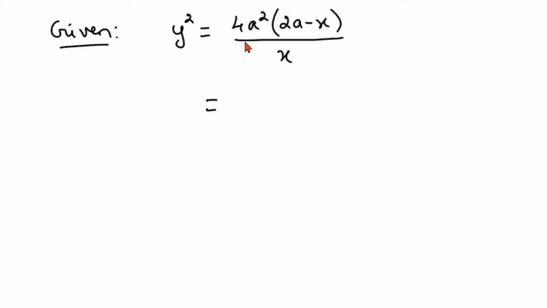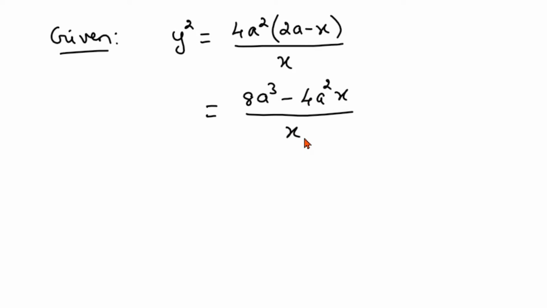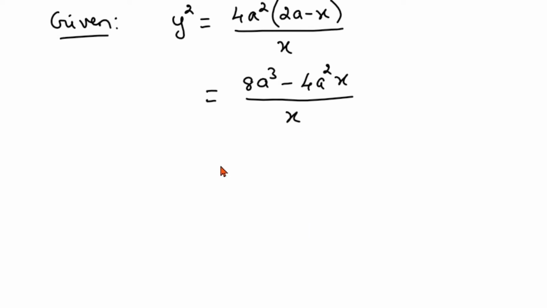We multiply the numerator: 4a square with 2a gives 8a cube, minus 4a square times x, that is 4a square x, whole divided by x. Divide x into each of the terms: 8a cube divided by x minus 4a square x divided by x.